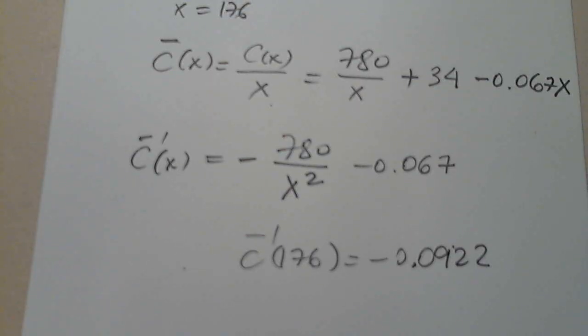It cannot be belts per dollar, I meant to say. Of course it's dollars per belt. And it's decreasing. Negative 0.0922. Any questions?